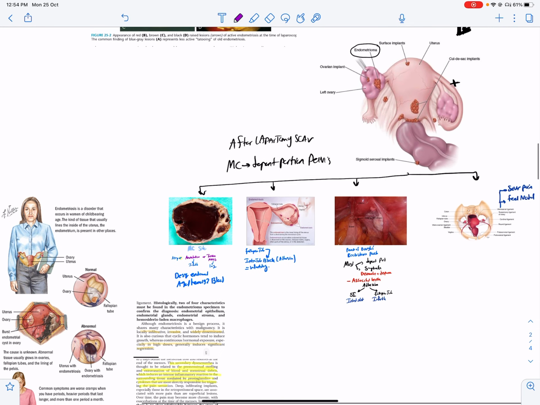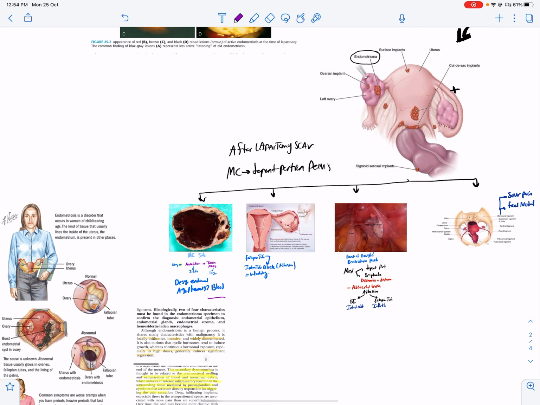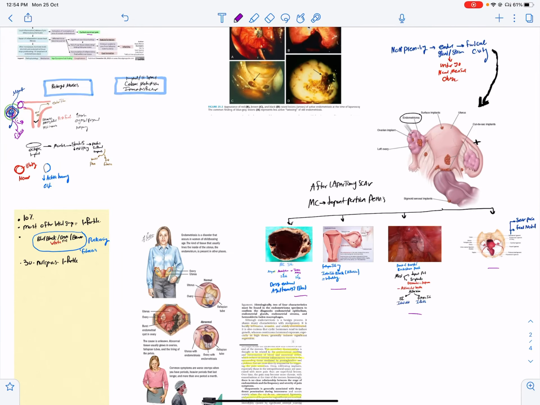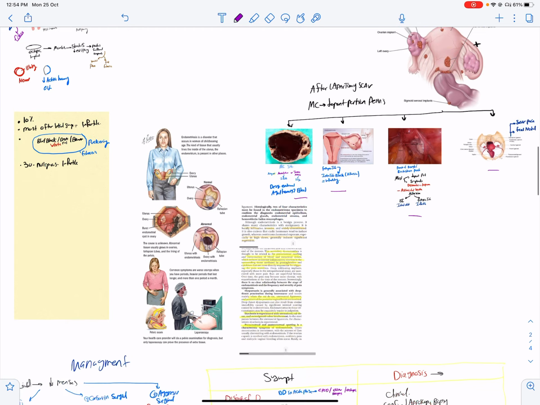Now the location, this is the ovary, and here you can see it in the tube causing infertility. This is in the rectovaginal pouch, and this is in the uterosacral ligament causing nodule and severe dysmenorrhea and dyspareunia.